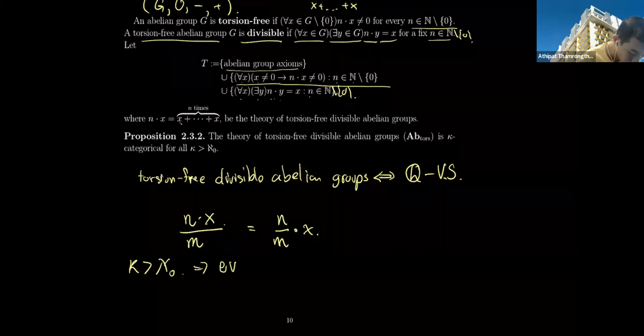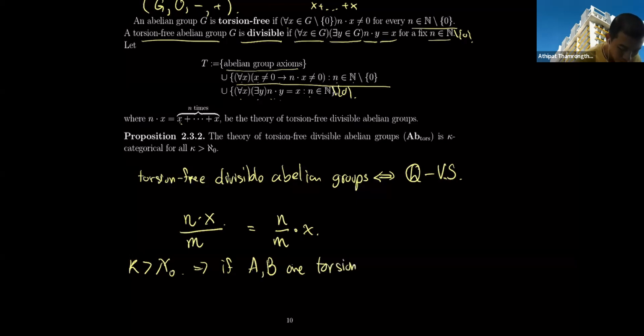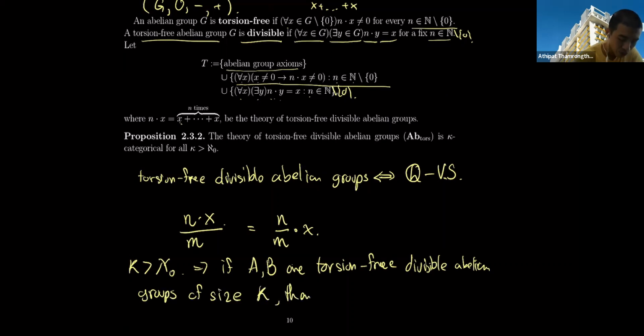So here, if A and B are torsion-free divisible abelian groups of size kappa, then you can show that A is isomorphic to B.